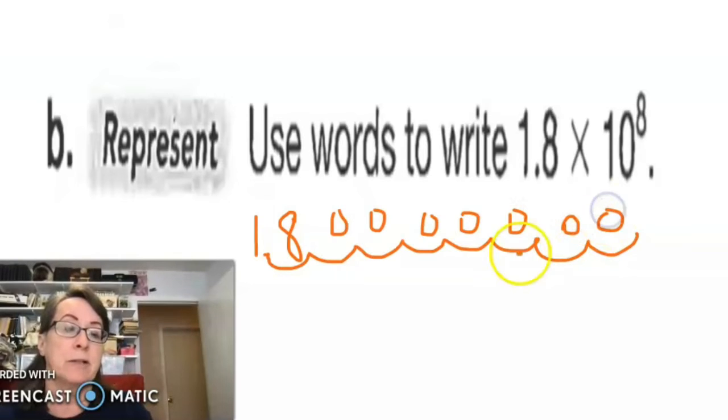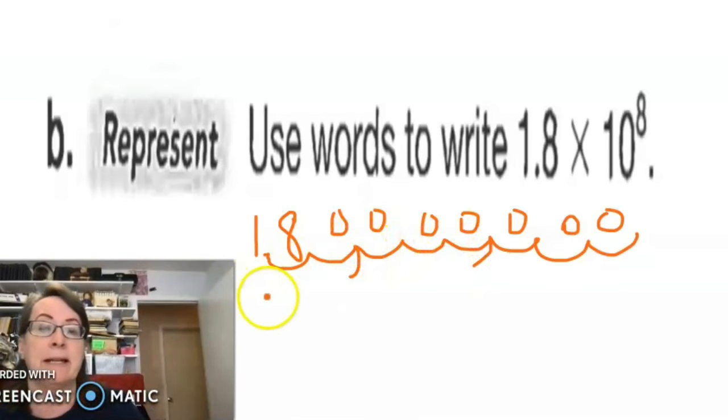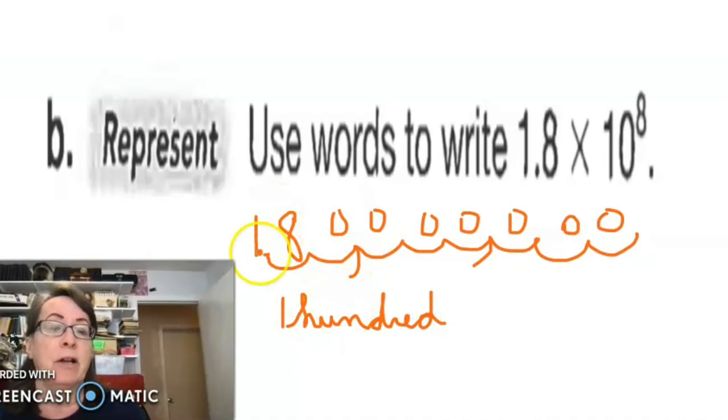Okay, so let's see what it is. 1, 2, 3, comma. 1, 2, 3, comma. All right, so we would write this as 180,100. This thing is very hard to write out. Very difficult. Okay, so I'm going to just say it because it's very hard.